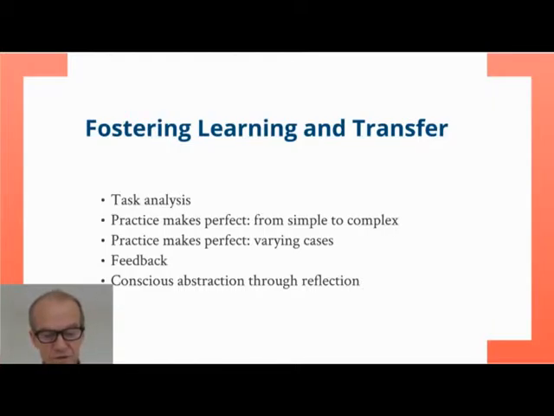Then the third step, so to speak, varying cases. Having identified the scope of the knowledge and skills to be acquired, foster transfer by providing cases and problems in such variety that these cases and problems represent the complete domain to which the knowledge and skills are supposed to generalize.